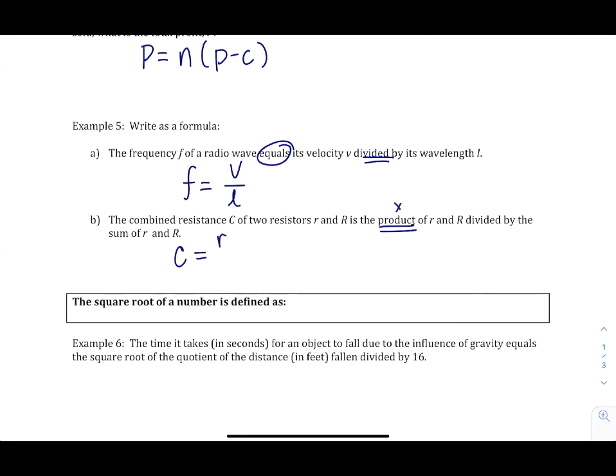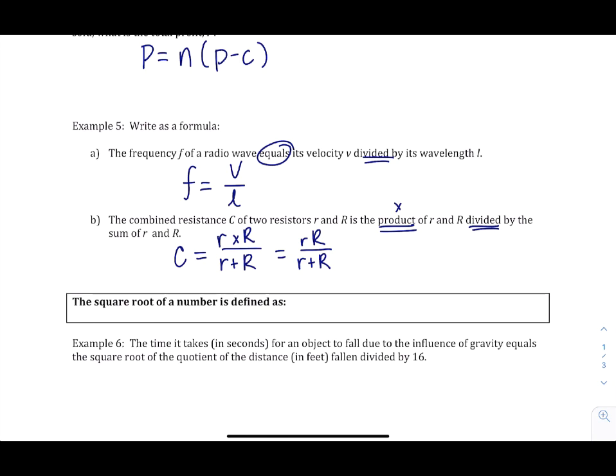So we're going to do little r times big R, and then that whole thing is going to be divided by, we'll use a fraction here, and then we have the sum, little r plus big R. You could also write this without the multiplication symbol, because that is the implied one, and you can just write the letters next to each other.